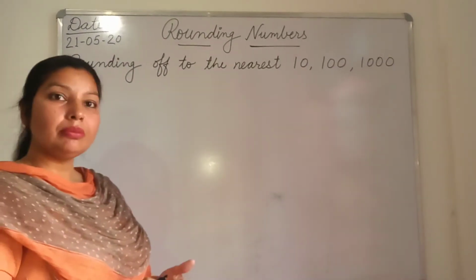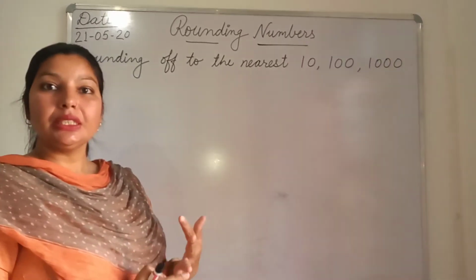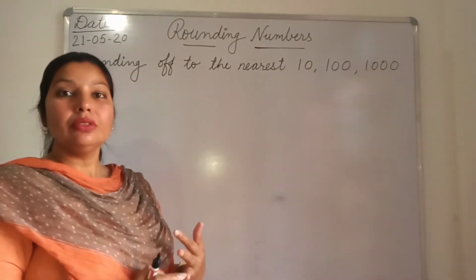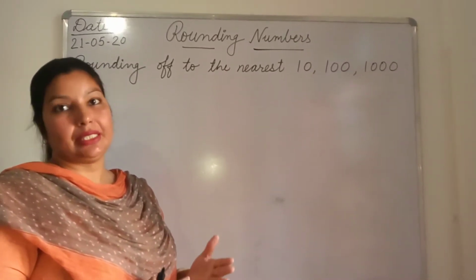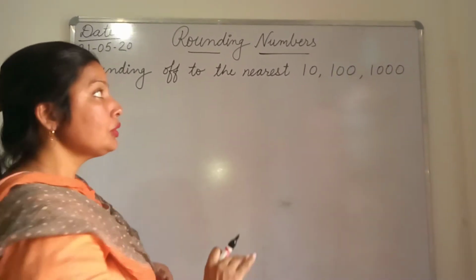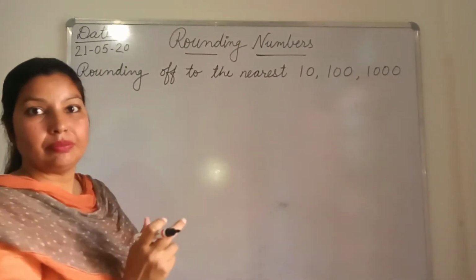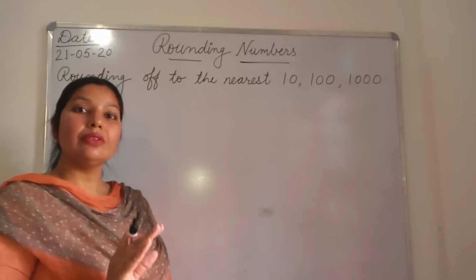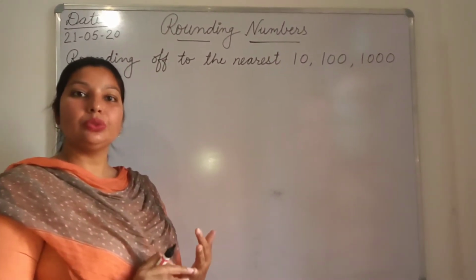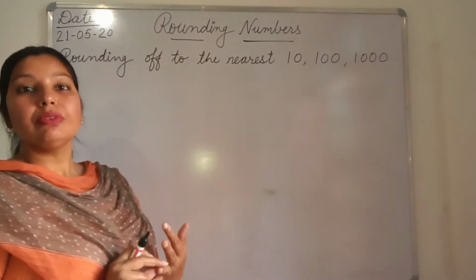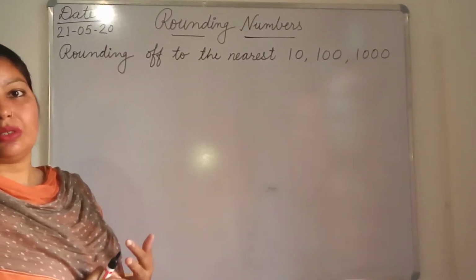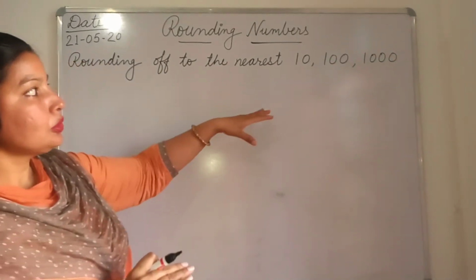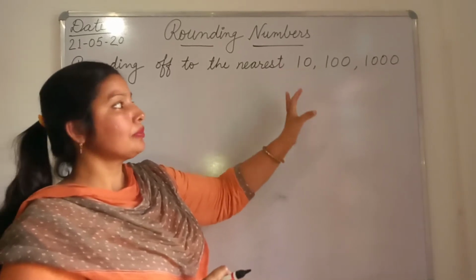We check whether the digit in that column is 4 or less, or more than 4, meaning 5, 6, 7, 8, 9. If it is 5 or more, we increase the rounding column by one digit. If it is less than 5, meaning 4, 3, 2, 1, 0, we do not increase it; that column will remain the same. And all columns before that will be 0, because in rounding of tens we have ones column 0, so we make the ones column 0.